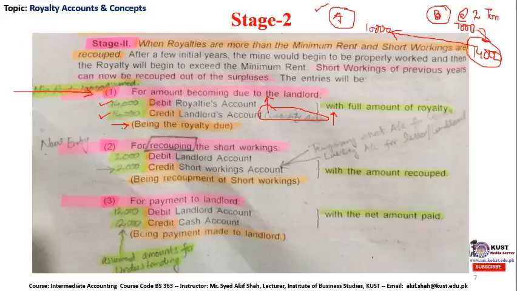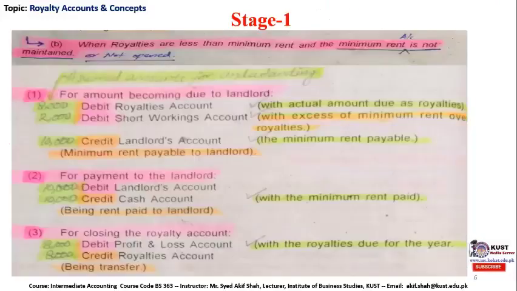So being the royalty due, it is the recording of the liability as well as the royalty account which is due to the landlord. Now here comes the next entry, which is very important and pertinent to this question, which is the recoupment of short working. Let's go back.